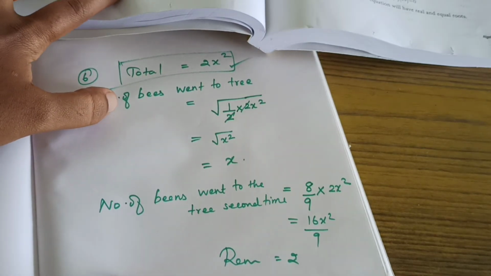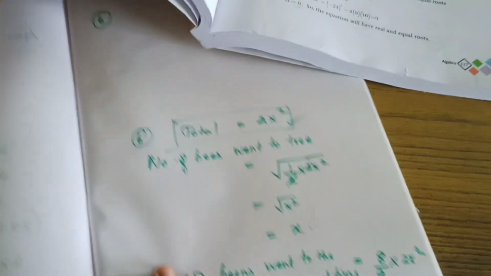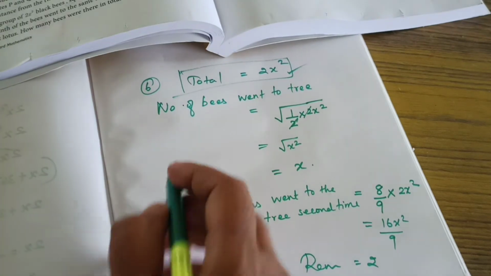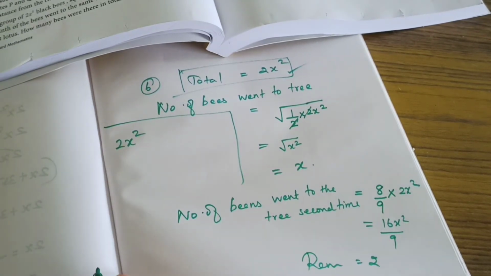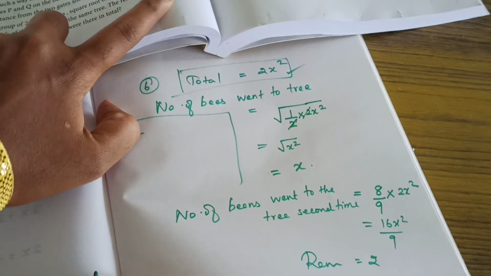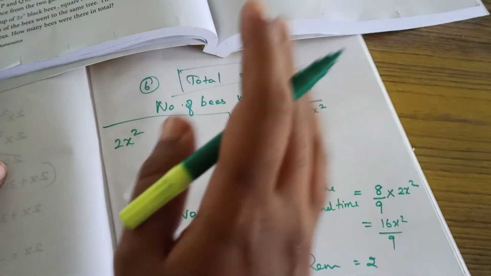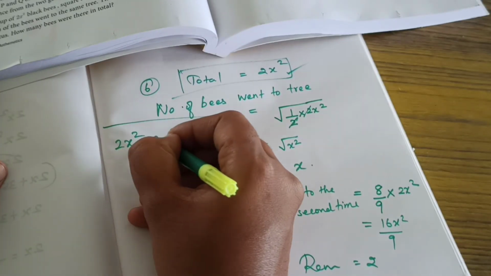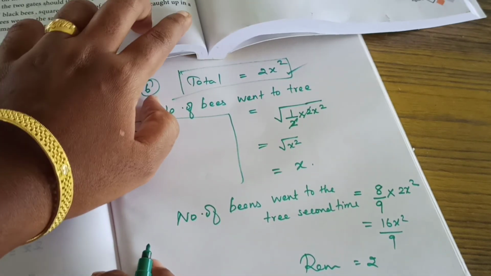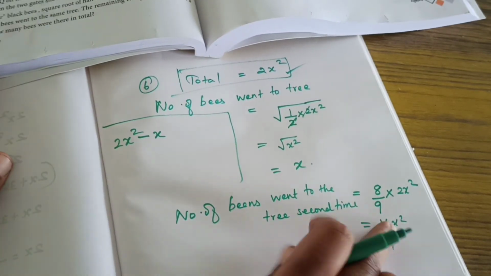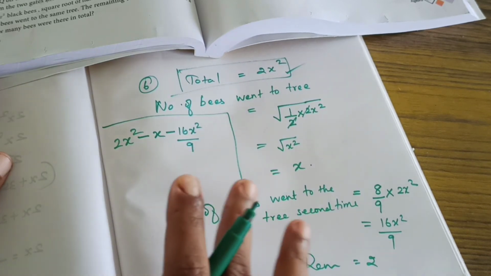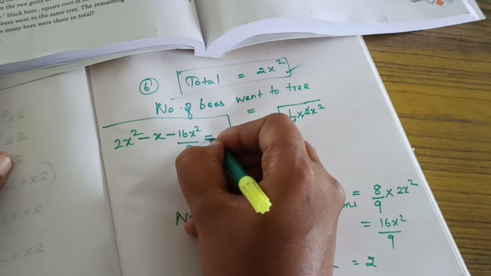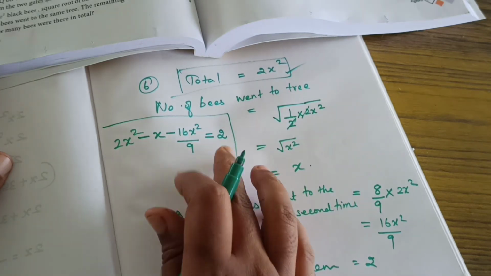So from a group of 2x square black bees, listen carefully, the hint I will give here. From the group of 2x square, square root of half went to the tree, no? Went means it flew away. So minus x. Then again 8/9 of the bees, minus 16x square by 9, went to the same tree. Remaining means equal to 2.